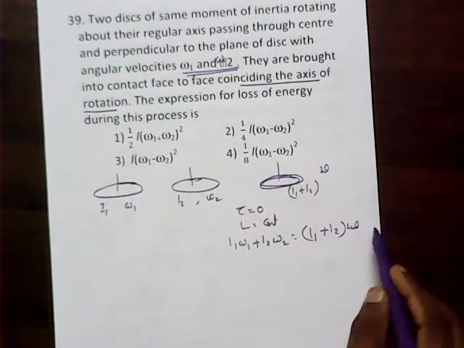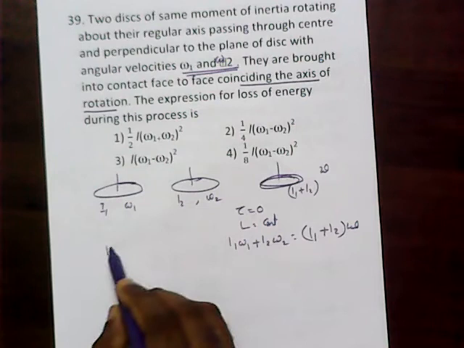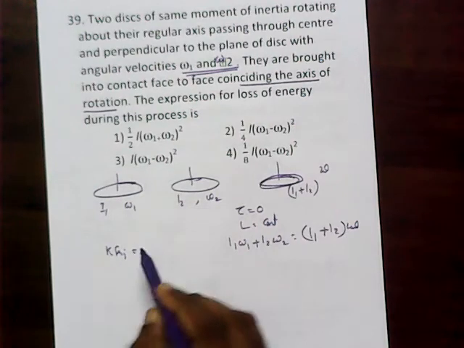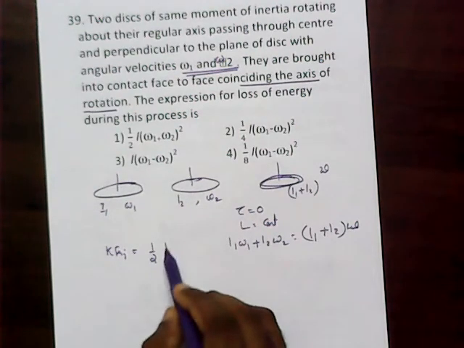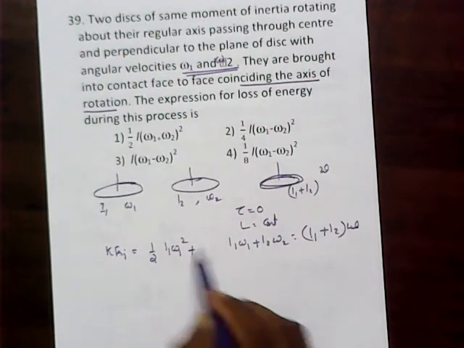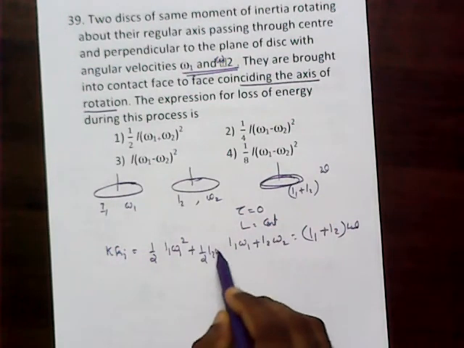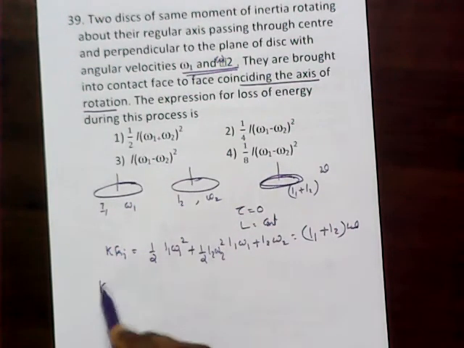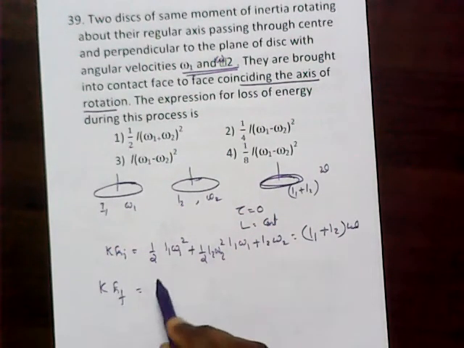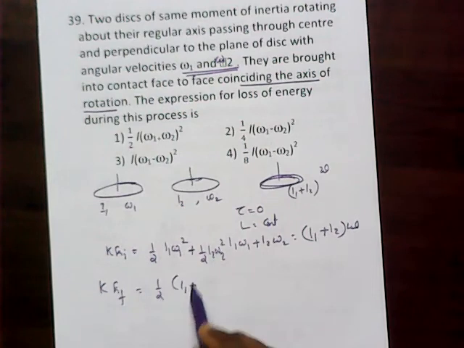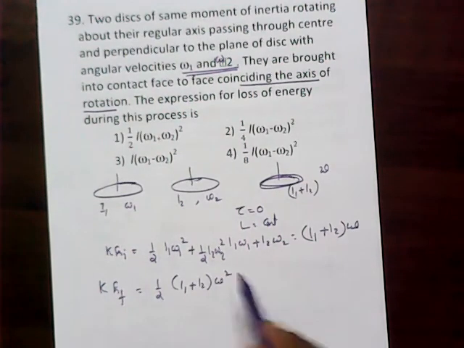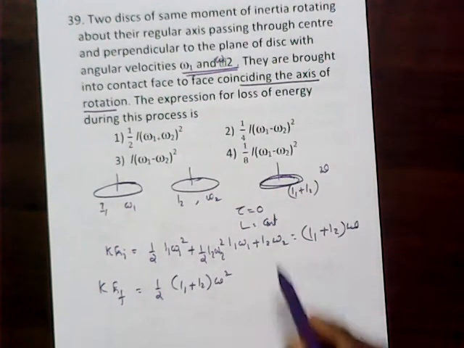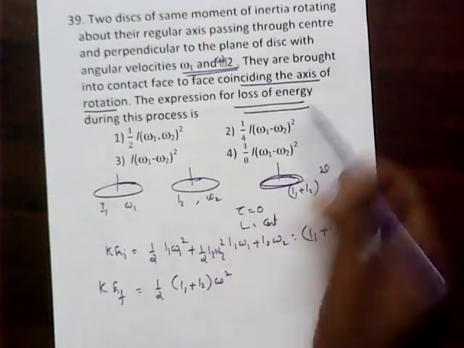If we know that concept, then we can easily say the kinetic energy initially is half I1 omega 1 square plus half I2 omega 2 square, and the kinetic energy finally is half into I1 plus I2 into omega square. And here is the expression for loss of energy.